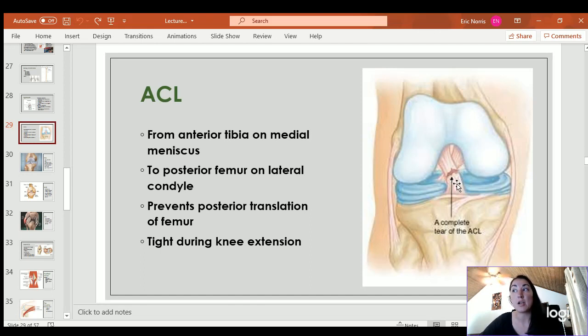And think about a lot of times when your ACL tears, your meniscus tears, typically your medial. I wonder why. Well, it's attached to the medial meniscus. That could be one reason. ACL prevents posterior translation of the femur. So it prevents the femur from going backwards too far. And during knee extension is also when it is tight, just like the collateral ligaments.